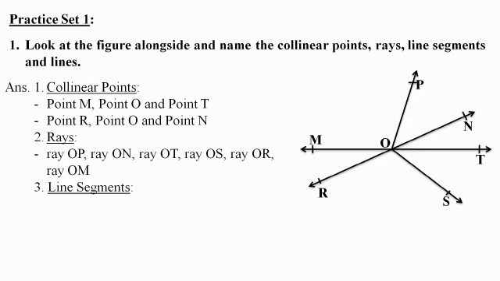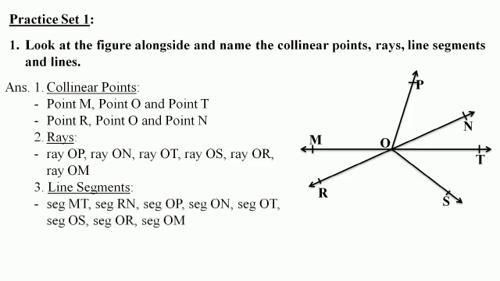Moving on to the next, line segments. Line segments are straight lines with endpoints. As we can clearly see, we have segment MT, segment RN, segment OP, segment ON, segment OT, segment OS, segment OR and segment OM in the figure.